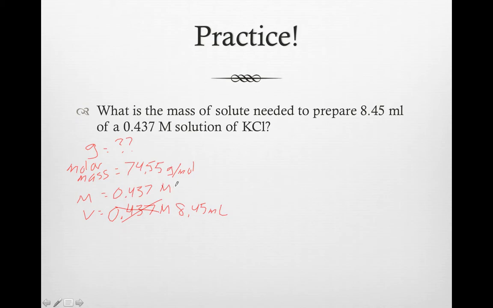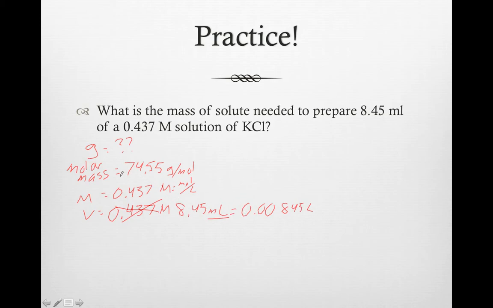Remember, molarity is moles per liter, so the volume needs to be converted from milliliters into liters. Milli is 10 to the minus 3, so I move my decimal place 3 to the left, giving 0.00845 liters.